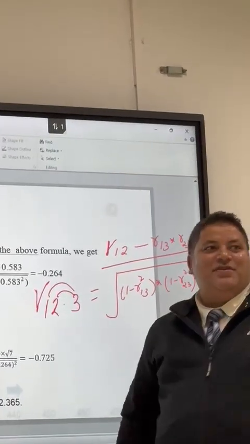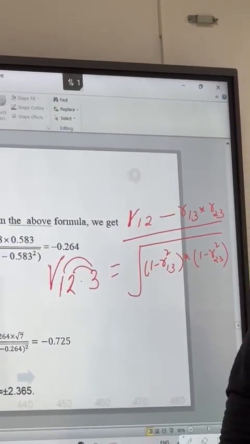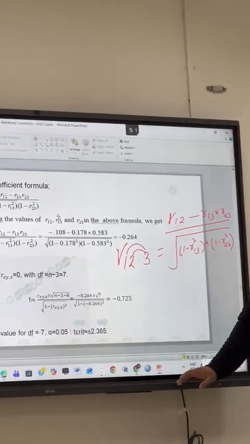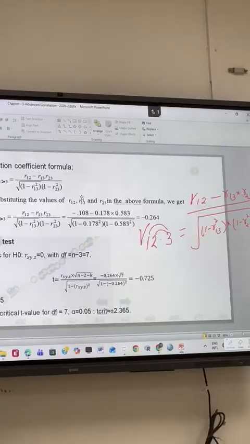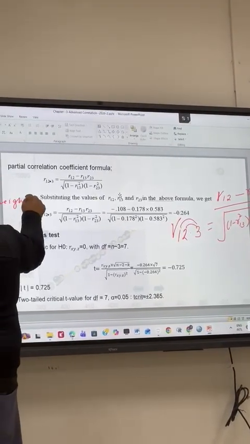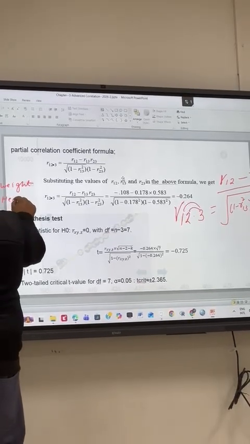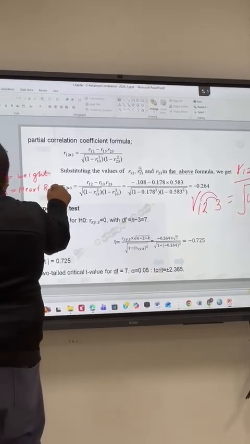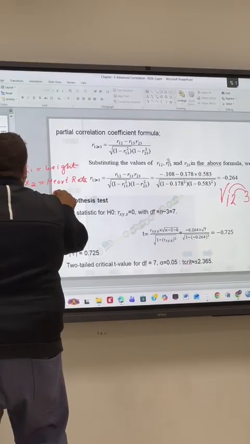So now, what is the question? In the question, X1 is weight, X2 is heart rate, X3 is age.